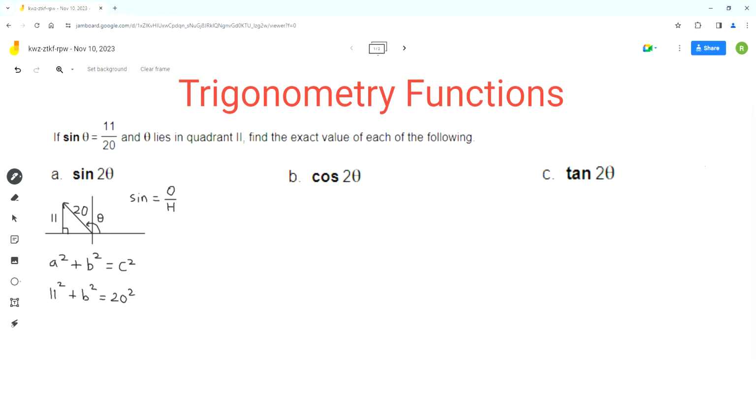Now we can evaluate the squares. So 121 plus b square equals 400. So 20 square is equal to 400. Now we can evaluate b square by subtracting 121 from both sides. The 121 on the left side cancel each other out and we get b square equals 400 minus 121, which is equal to 279.